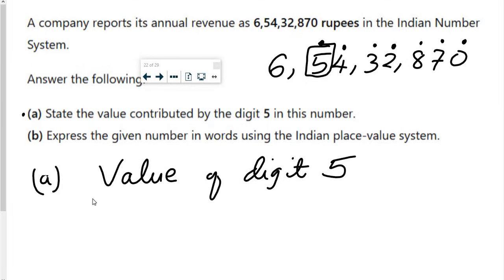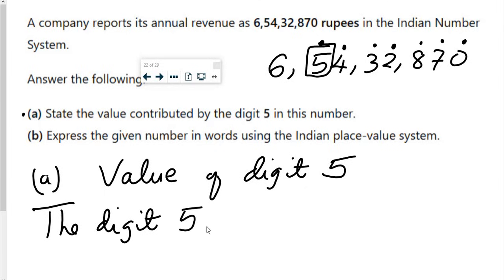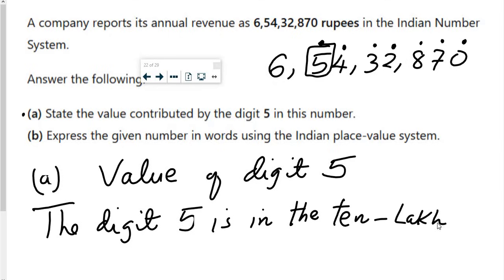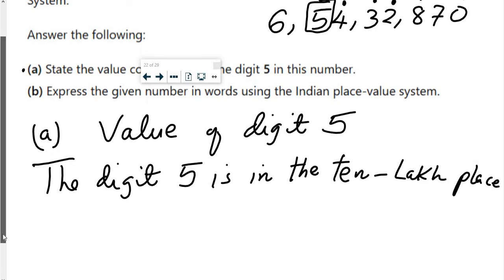So we say the digit 5 is in the 10 lakh place.